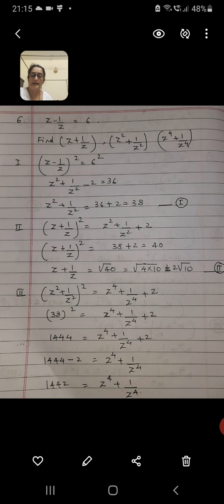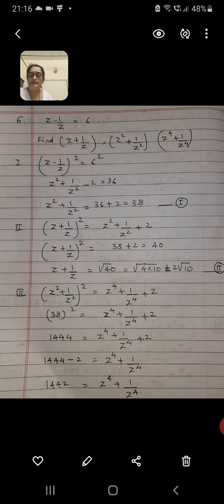Next, the last answer, (z square plus 1 upon z square) whole bracket is squared. So use this identity 13: z raised to 4 plus 1 upon z raised to 4 plus 2. So the value of z square plus 1 upon z square, we got it as 38 in the earlier answer.